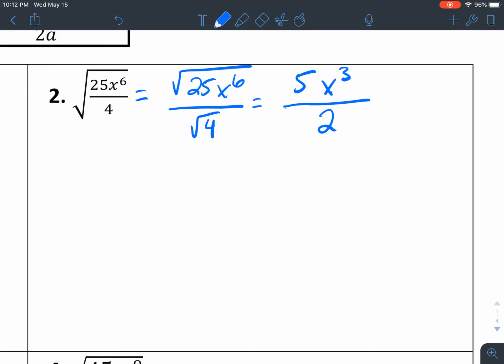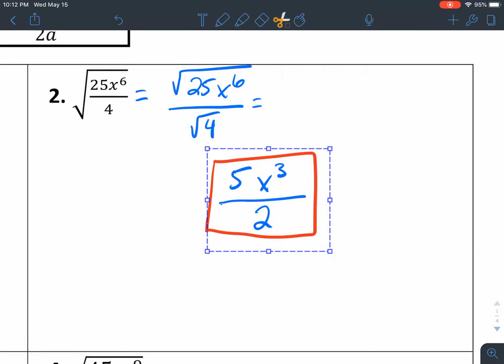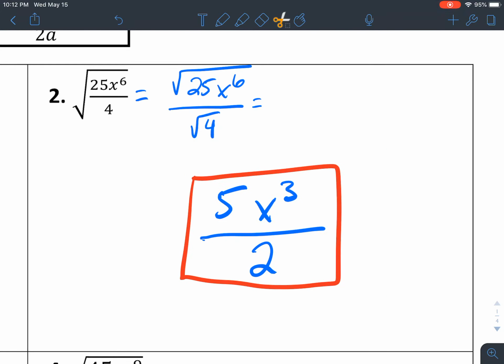And with nothing left over, we're done. Nothing underneath the radical didn't simplify. So 25x to the 6th underneath my square root became 5x to the 3rd, and my 4 just became 2. So we've got 5x to the 3rd over 2. I'm just going to make that bigger here for my key that I'll post to Classroom.